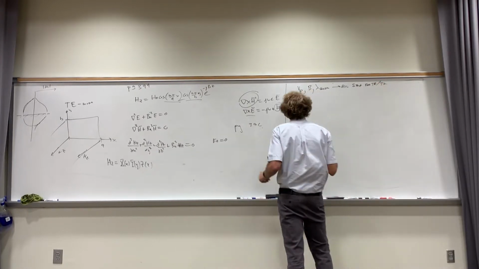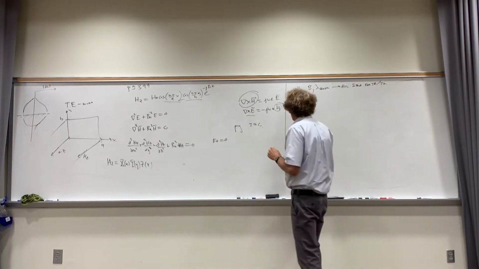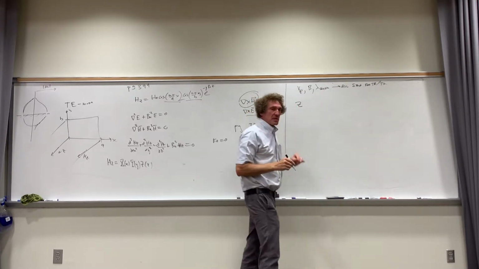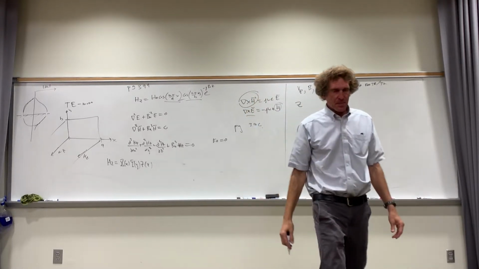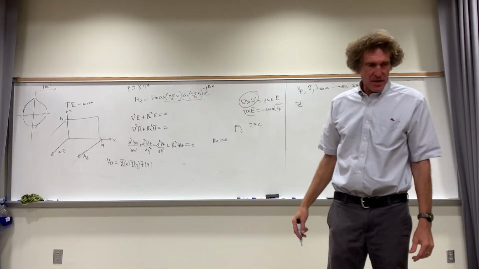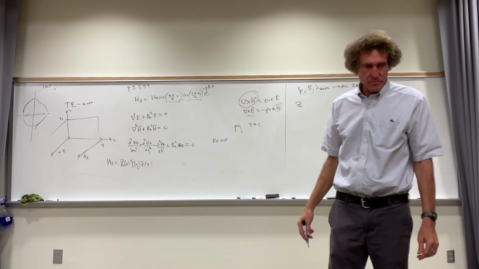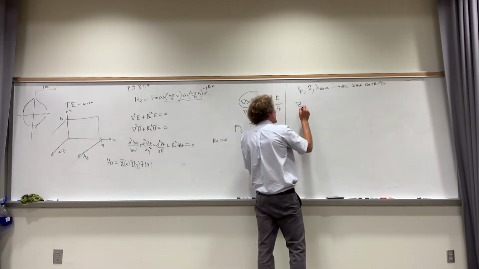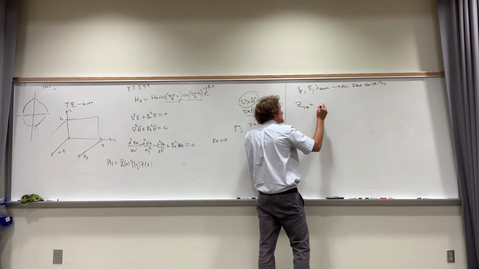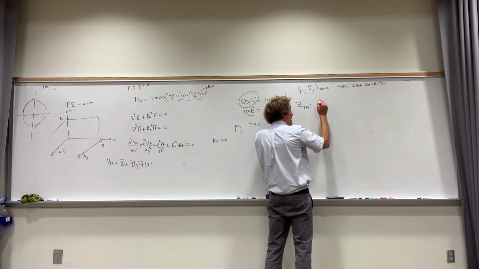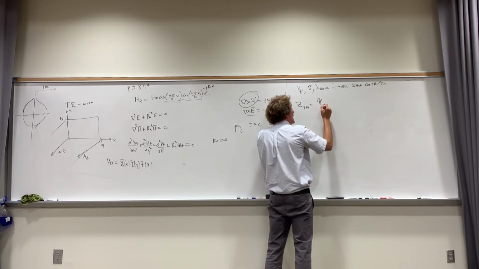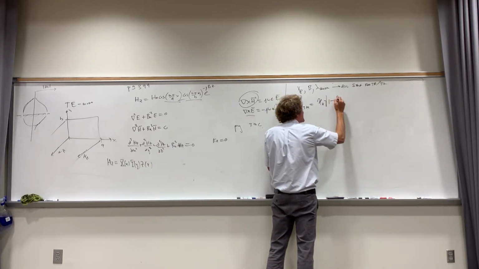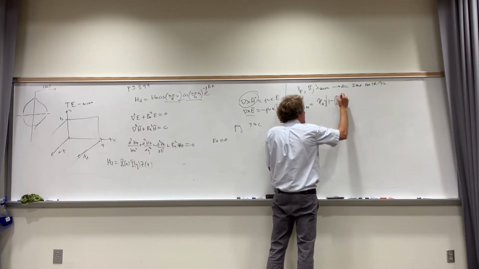They're the same. Where the difference is the impedance. This would be like the characteristic impedance. Anyway, the characteristic impedance for the TM mode is equal to eta as if it was unguided times the square root of 1 minus FC over F squared.